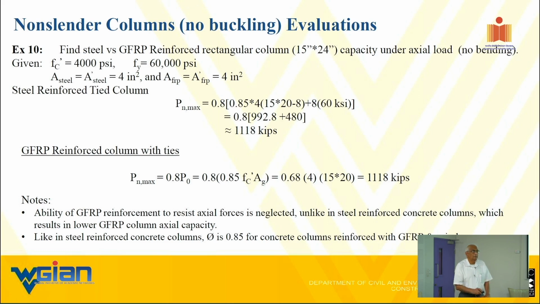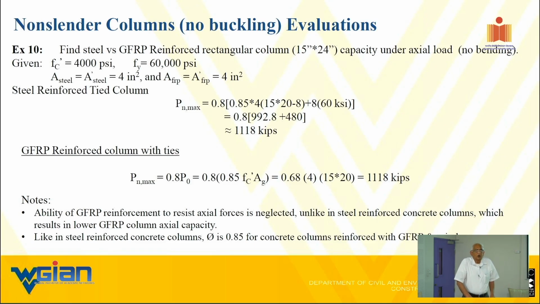But here they are saying we are completely neglecting the amount of resistance offered by GFRP. On one hand, when you're doing all the computations, you're telling me that I'm going to go up to 60 KSI, but here I'm going to assume it's going to only take 5 KSI, or whatever that concrete f'c is.